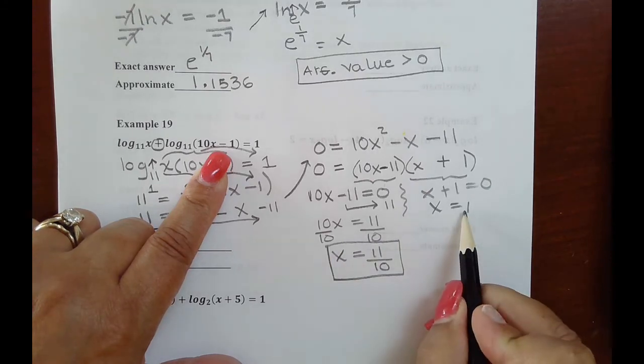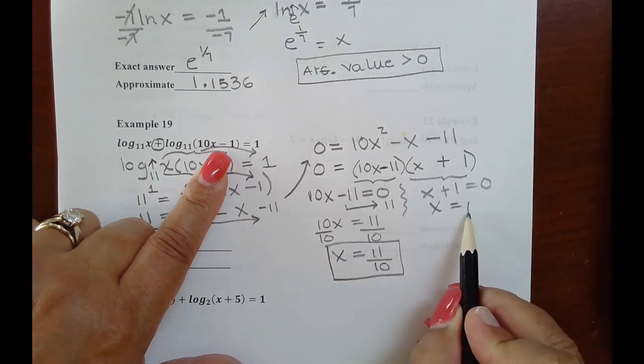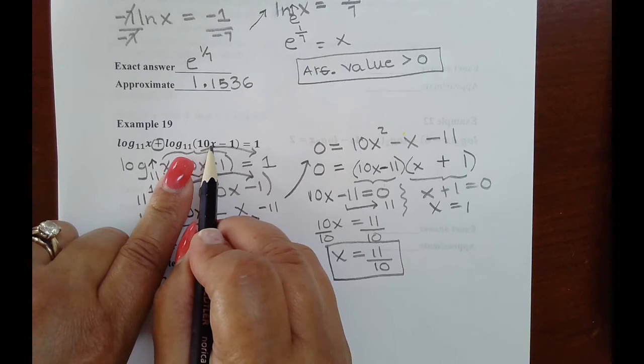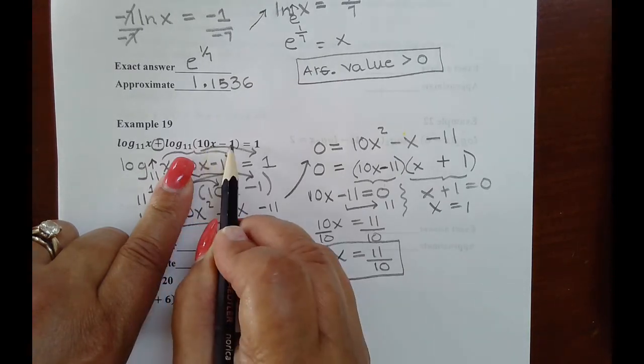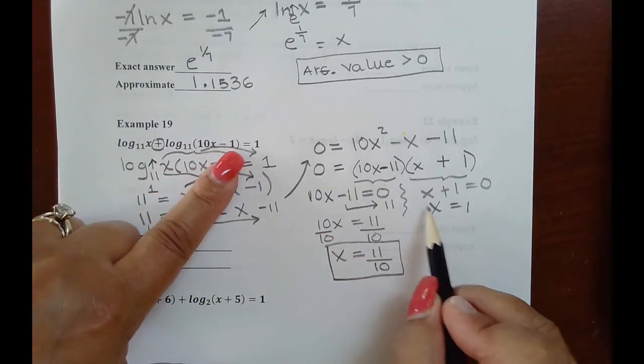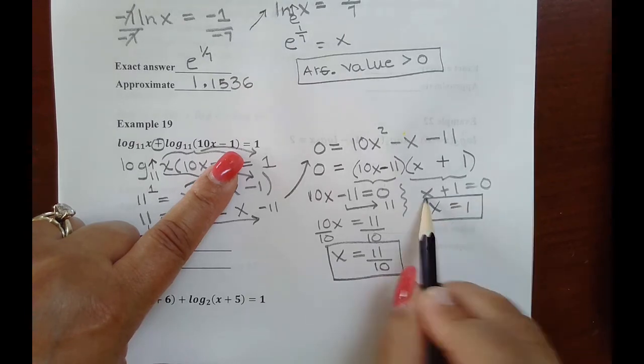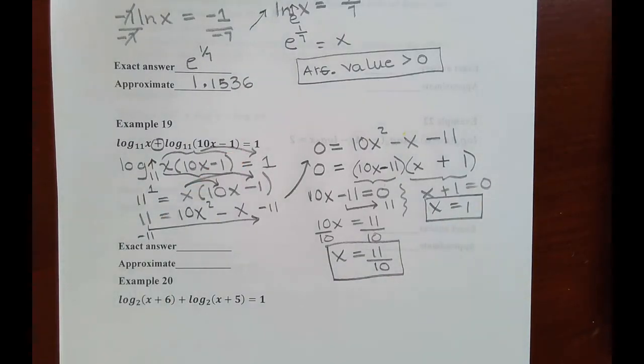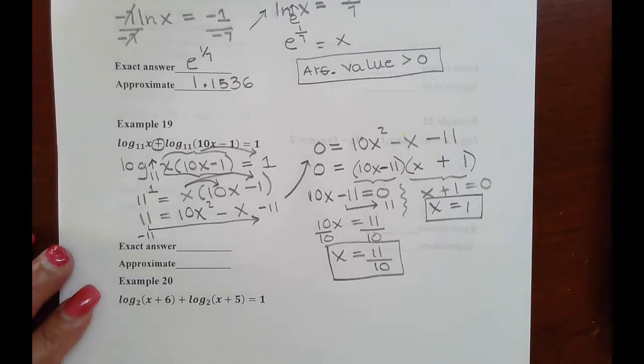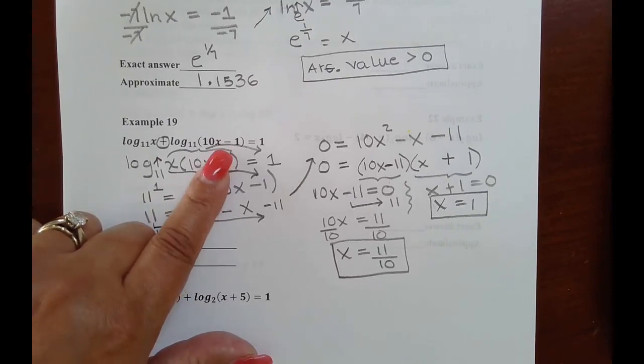How about this answer? If we put a 1 in there, we would have 10 times 1 is 10. 10 take away 1 is 9. That's a good answer. You must check them when your original problem has a log in it. Not only that, you have to check both expressions.